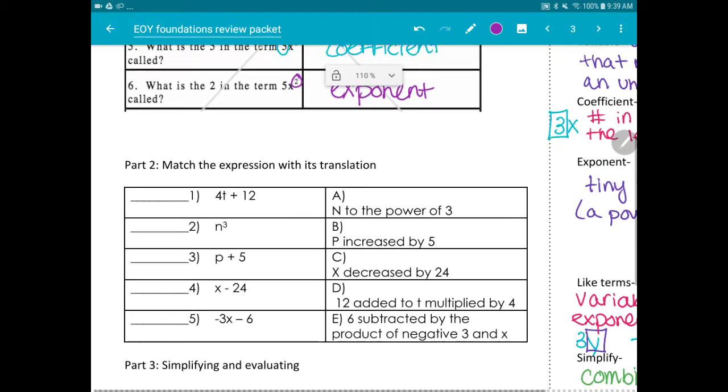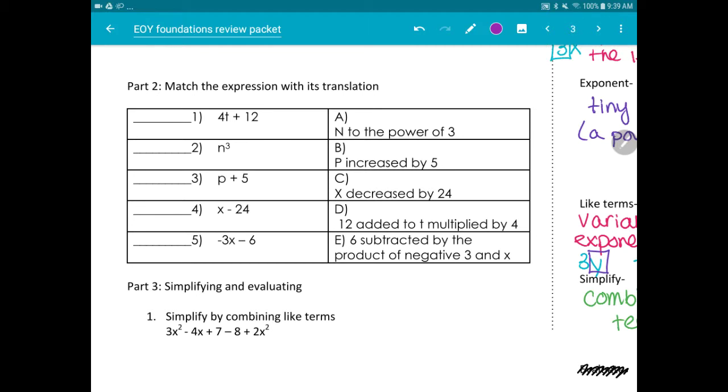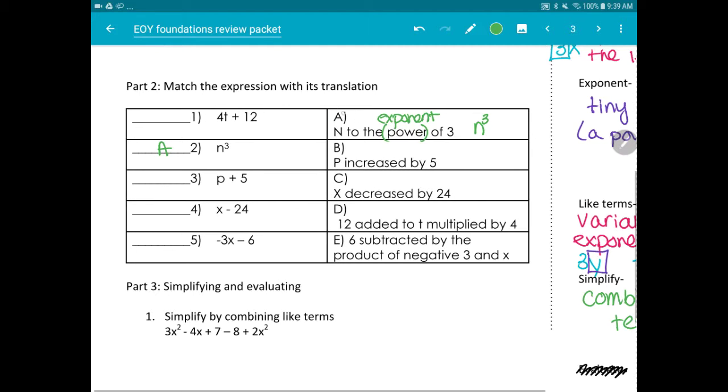Okay, so then we did some matching. All right, so I'm going to start with the ones on the right and then figure out which one it matches. So n to the power of 3. Power is another way of saying exponent. So n to the exponent of 3, that matches with choice 2. P increased by.